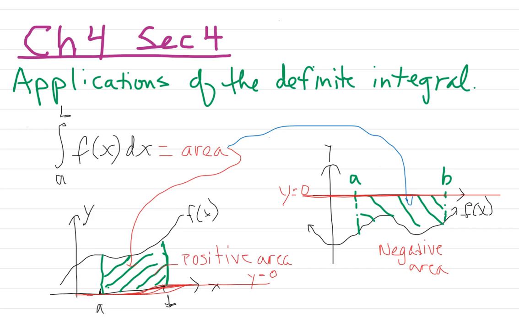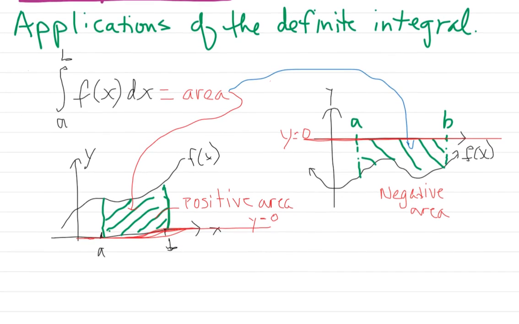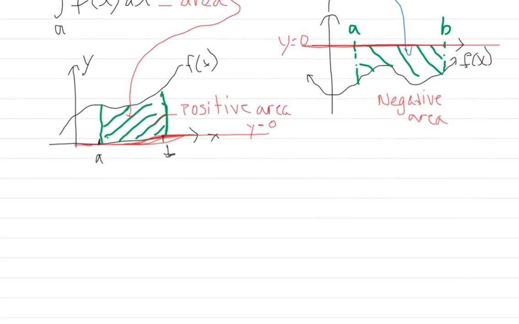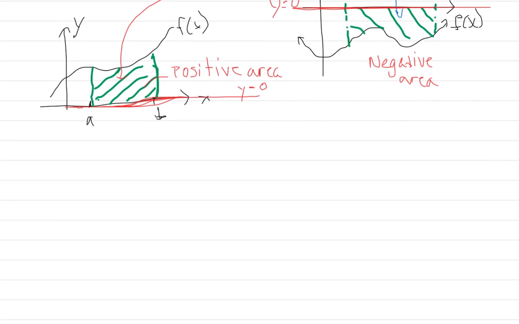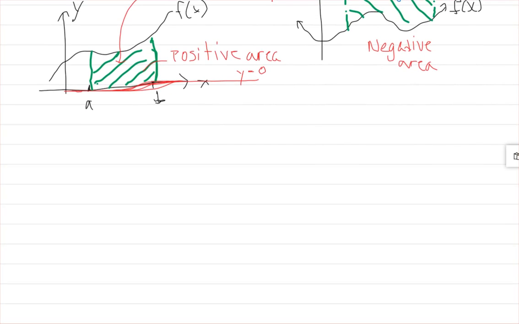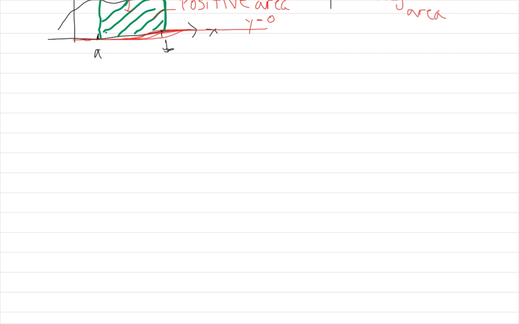So far so good. This is what we need to keep in mind. Now, let's move this thing and try some more stuff here, okay? So negative area, positive area. So far so good. Now, I'm going to give you a what if scenario, okay?